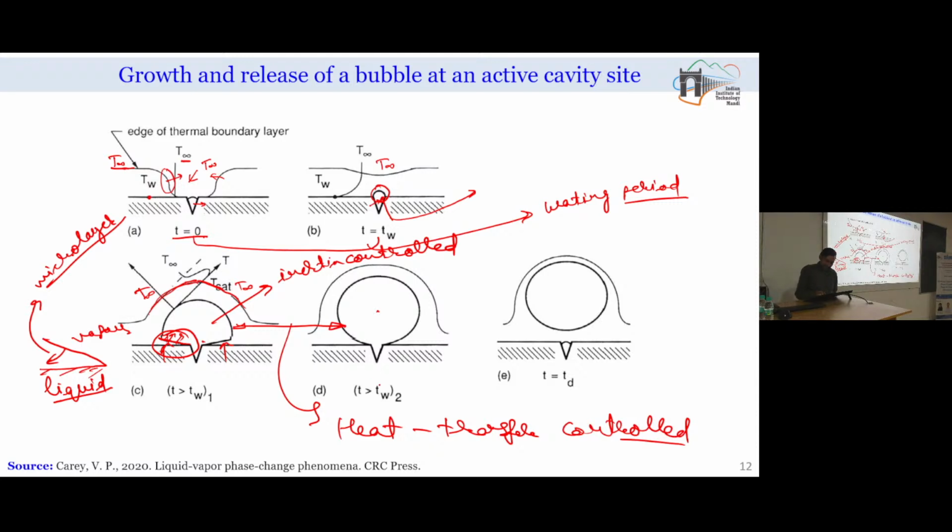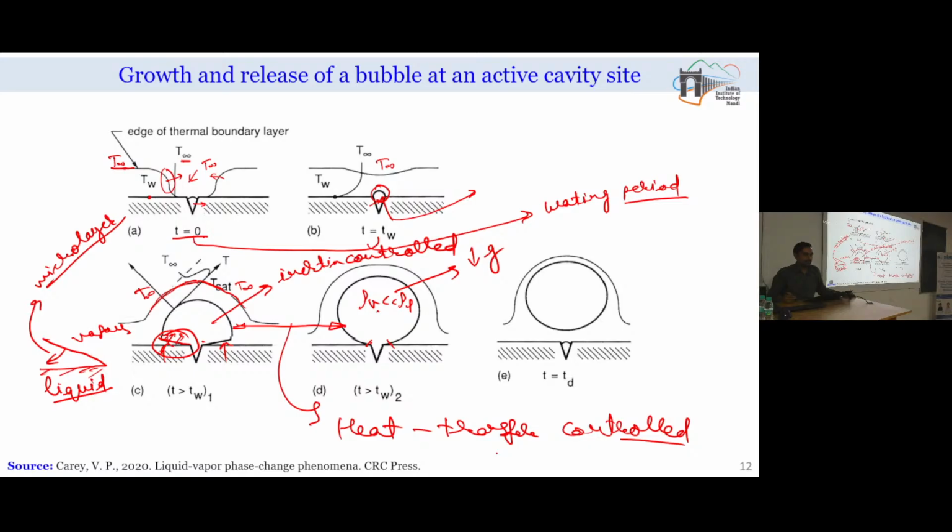And at this stage, the vapor volume is sufficiently high that, because gravity is acting in this direction, and vapor has a lighter density in comparison to the density of the liquid, if you have a very small bubble, it may remain attached to the surface. But as you keep growing the size, surface tension is trying to keep it attached to the surface, while the buoyancy force is acting in the upward direction and will try to lift it.